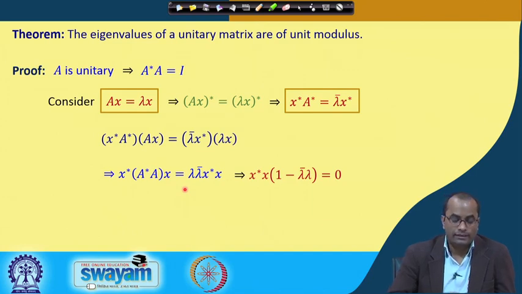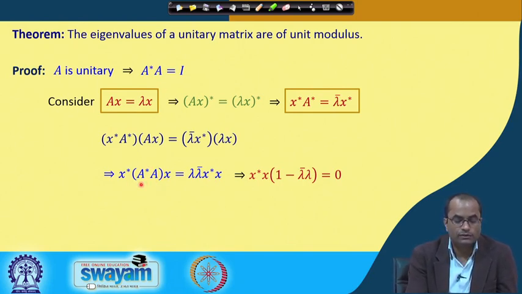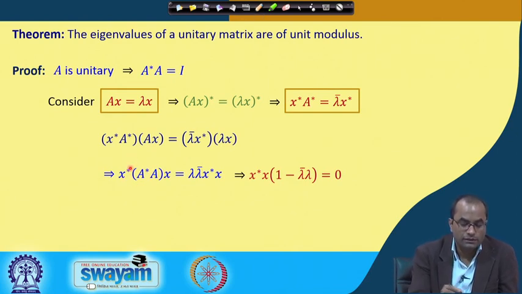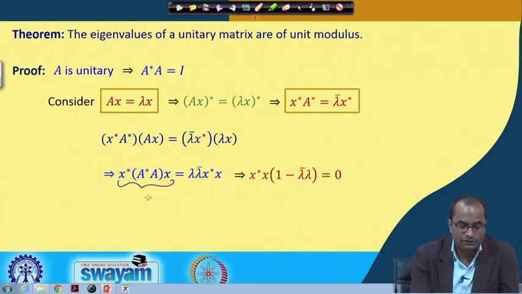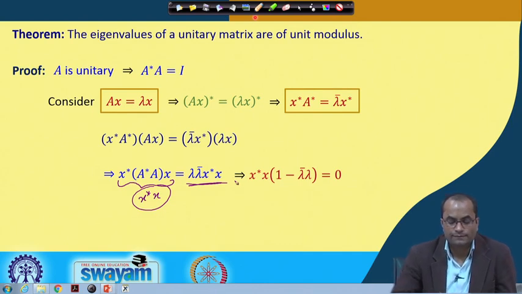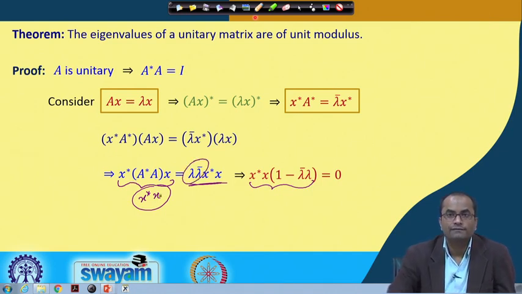Because A star A is equal to I, we have the identity matrix, so this term is nothing but x star x. We have x star x here, also x star x, so we take common x star x, and we get 1 minus lambda bar lambda, and that is equal to 0.